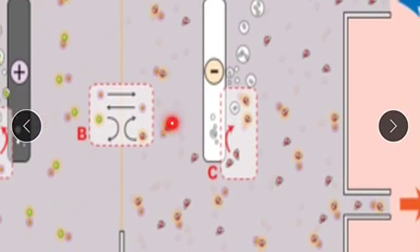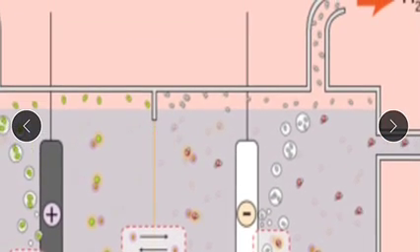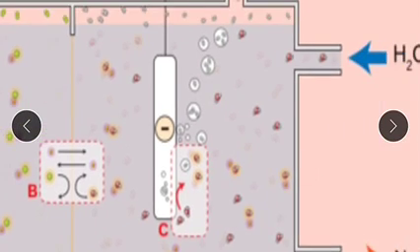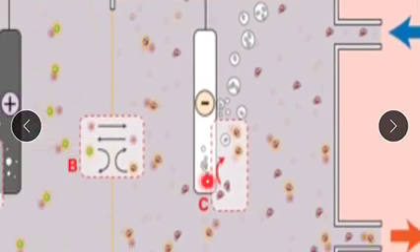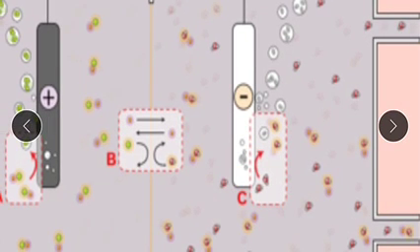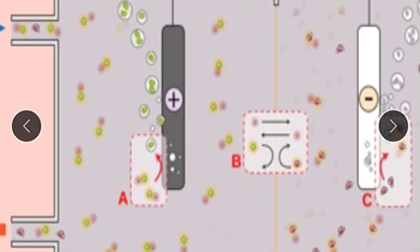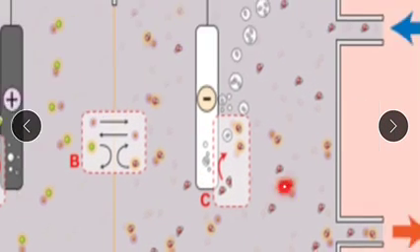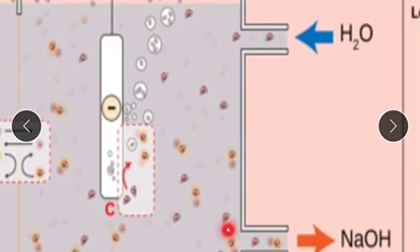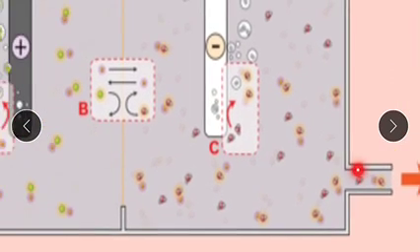This yellow colored line is the membrane. Here the ions move from one side to another. The sodium plus ions are combined with OH minus ions and it forms the sodium hydroxide, and this comes out from this outlet.